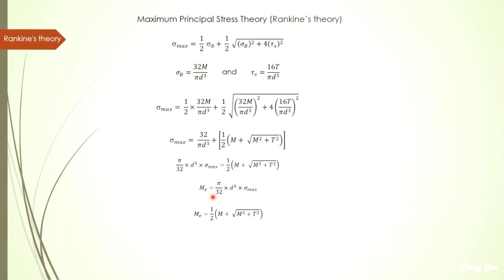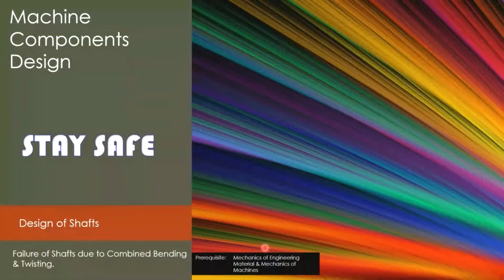Most of the time they give you in terms of direct stresses like tensile or compressive, and it is understood that you will be referring to the maximum bending stress. So ME is known as the equivalent bending moment. That's for this part.